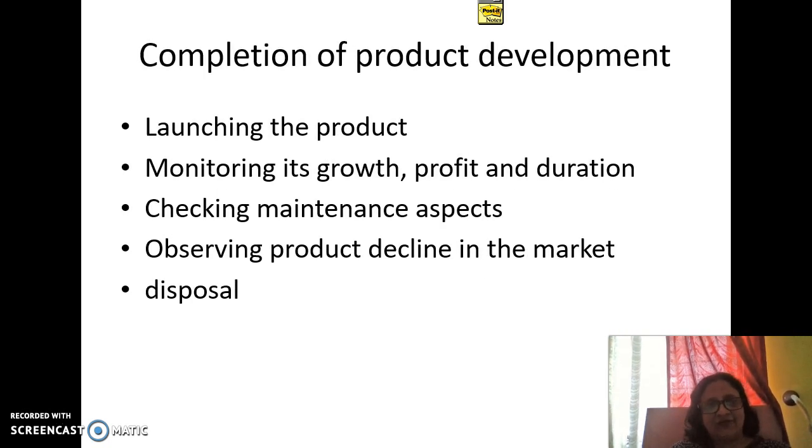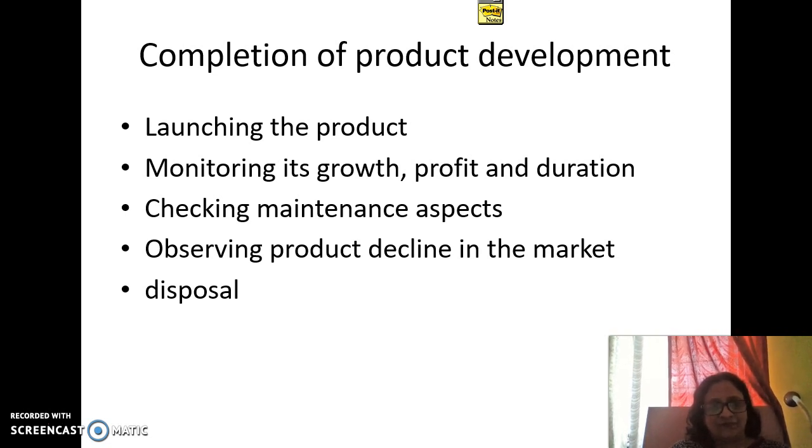After testing for reliability, checking maintenance aspects and service aspects, and failure mechanisms, finally the product is launched in the market. After launching the product, it is monitored continuously for its growth, profit, and the duration of its maturity.